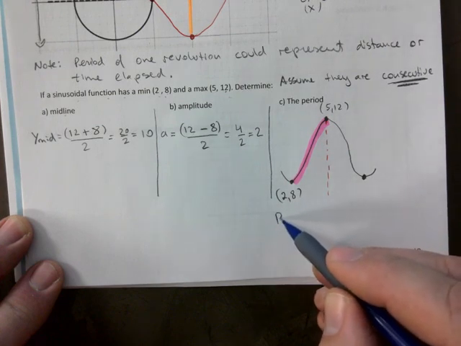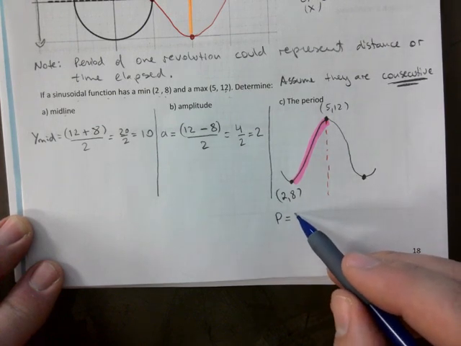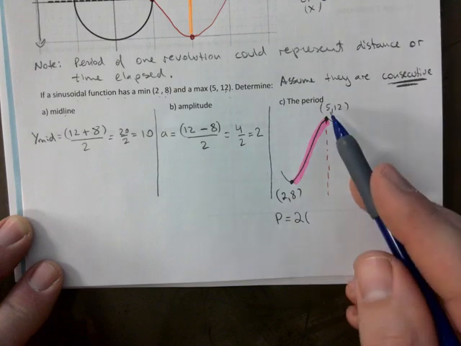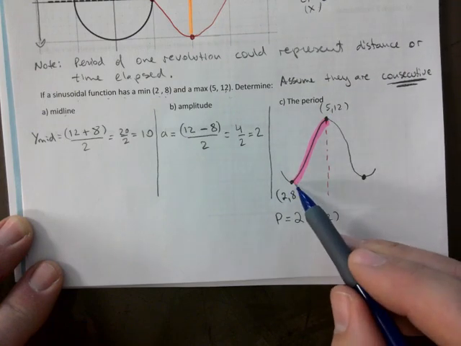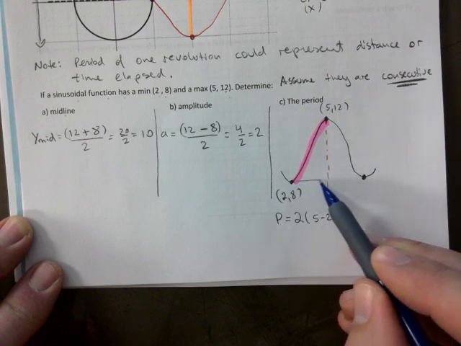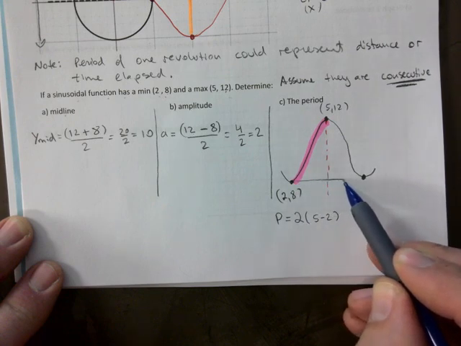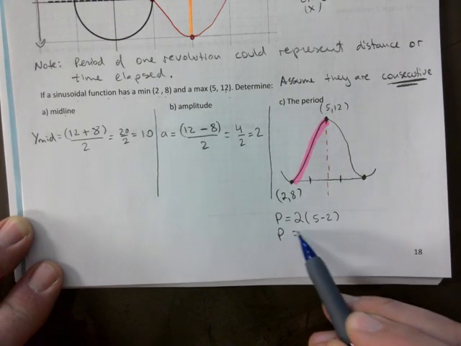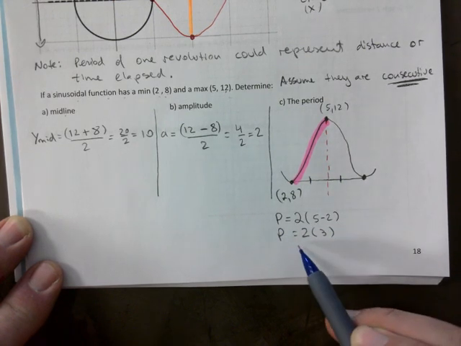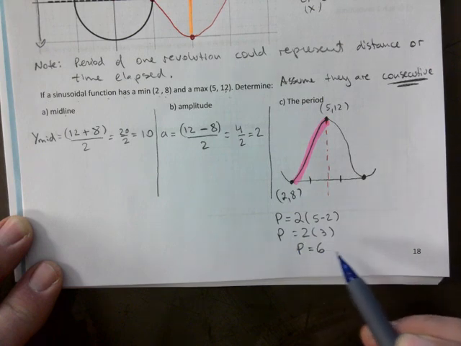you just need to use the period like this, where you go 2 times 5 minus 2. Right? Because you know that it's 3 units from here to here. It'll be another 3 units from there to there. We know that these are the same. So period would be 2 times 3, which is 6 units.